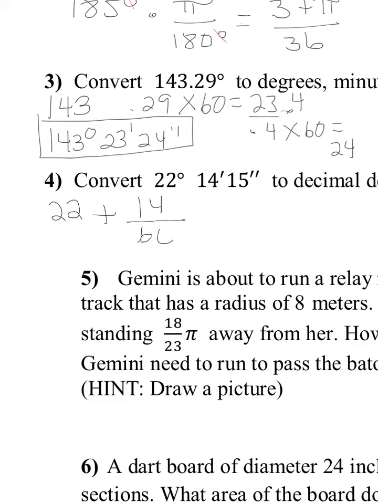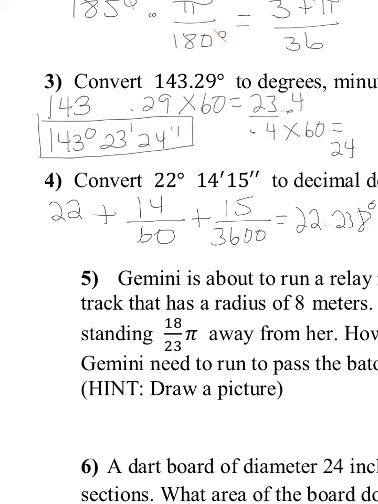So I'm doing the opposite operation I did before. I'm dividing this time. And then I'm going to add my seconds divided by 60 times 60, which is 3,600. And when I put that in my calculator, I get 22.238 degrees. And that's what that is in decimal form.